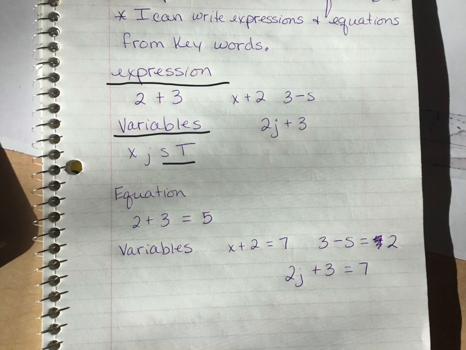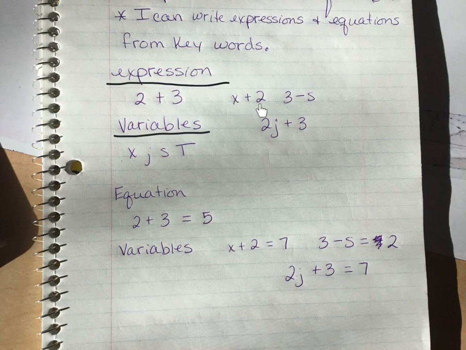That number could change, kind of like in science, where we could put in cornstarch, we could put in baking soda, we could water our plants with juice. All of those things are going to be changes or variables in a math problem or in science.